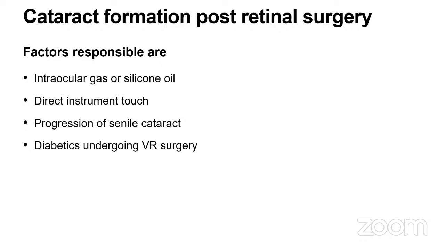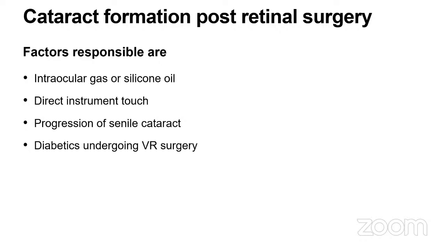And direct instrument touch during the retinal surgery, because these surgeries generally take longer time. Inadvertent instrument touch to the posterior capsule or to the lens can induce cataract. Here the cataract formation will be very rapid.